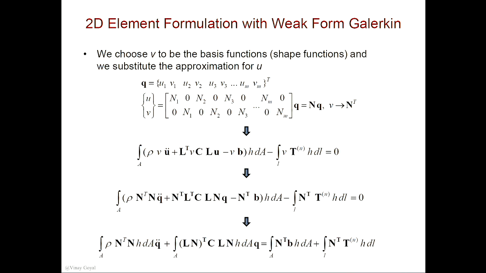So let me begin. This is my weak form when I started. For U double dot, I have N bold, Q bold, so that's basically N bold, Q double dot. But then for V, I have N transpose, so that goes there. And then for U, I have N times Q, which is this times that.